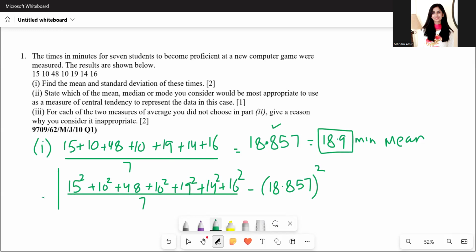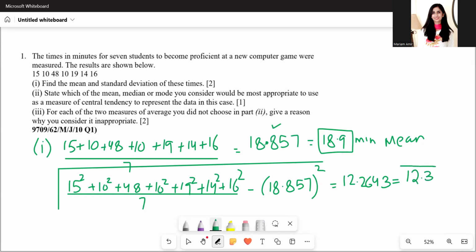And then don't forget to square root it for the standard deviation. So this would give us around 12.2643, which is rounded to 12.3. And this is going to be the standard deviation.